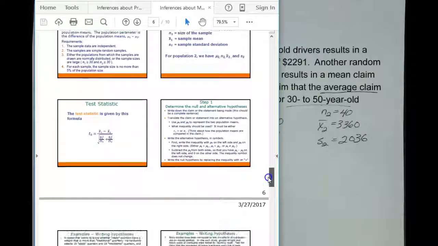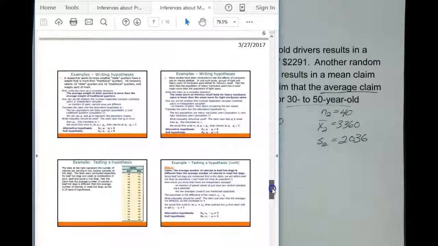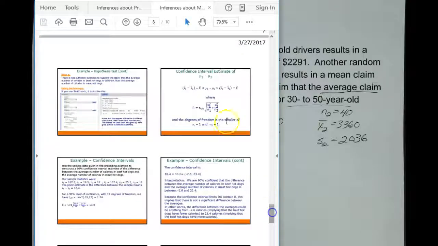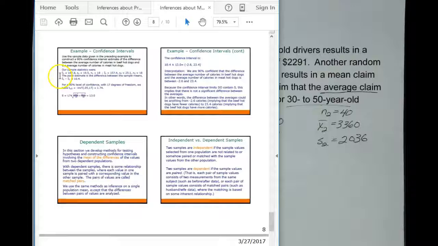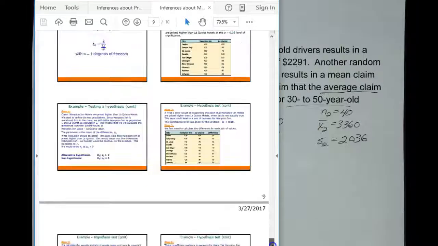So here's the test statistic if you're trying to do a hypothesis test, or if you're trying to do a confidence interval, here's the formula for the margin of error. Again, be sure and have all those pulled up so that you don't have to look for them very hard. In this one, there's an example of finding the confidence interval, so you could follow through the example to do a problem on the test. And this has some other stuff about the dependent versus independent samples to help you with that.